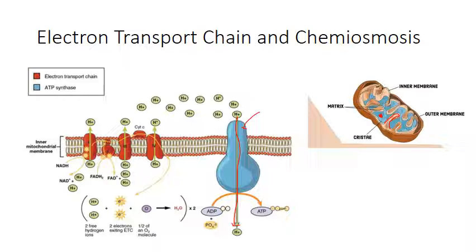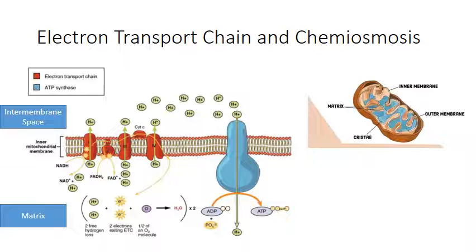Wherever they are going into is the matrix, and wherever they're coming from is the intermembrane space. So in your diagram, if you have one, make sure that you have labeled that. So again, hydrogen ions are going to flow through ATP synthase from the intermembrane space into the matrix.